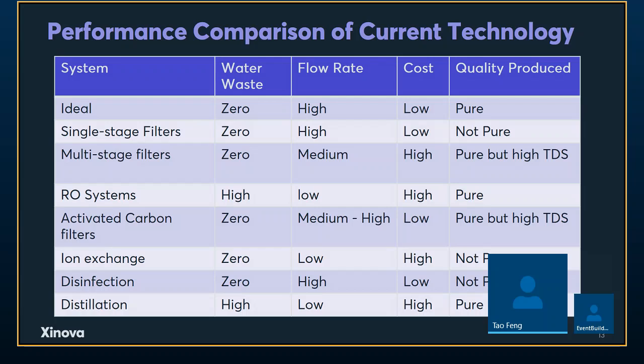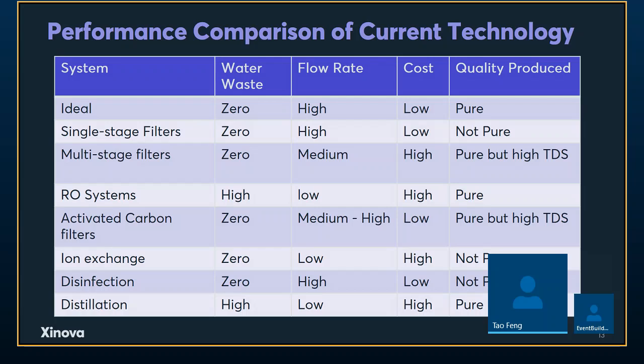Ion exchange and disinfection only address certain types of contaminants, so they're not good on their own. And activated carbon filters are cheap and good, but still the TDS reduction requirement is not met. So none of them is good for the purpose of this RFI.